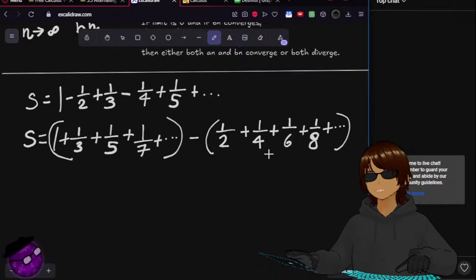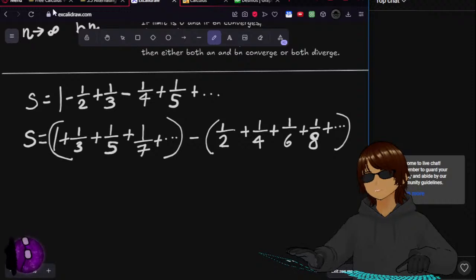But the thing is, if I extract half out, I can get something similar to a harmonic series. So I have 1 plus half plus 1 over 3 plus 1 over 4. The harmonic series diverges.